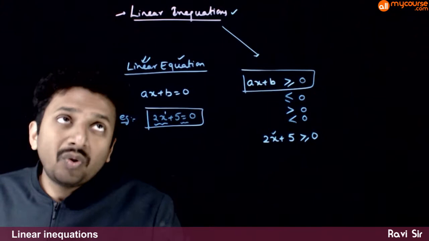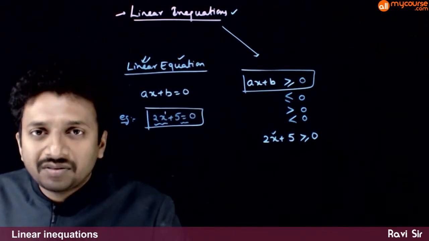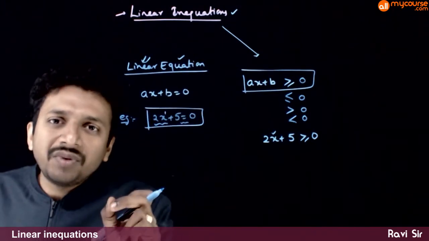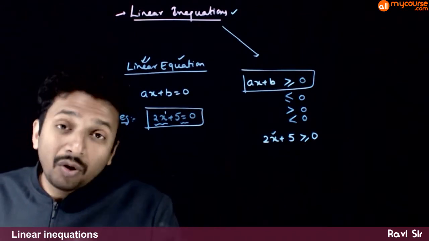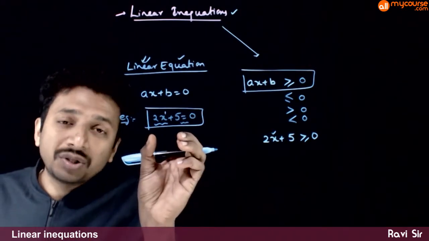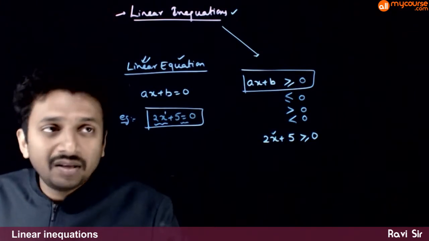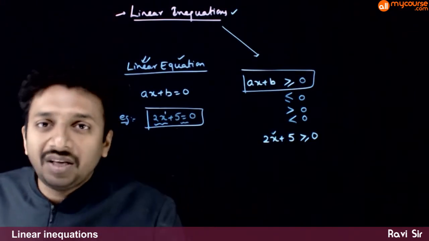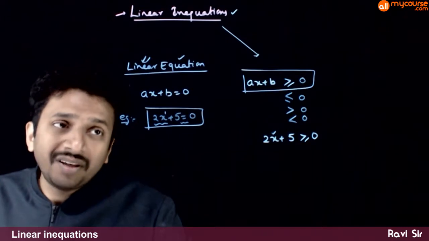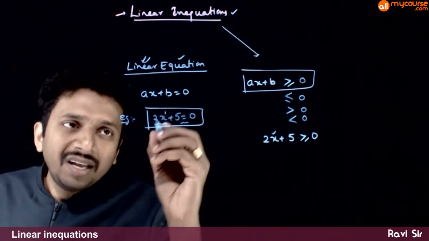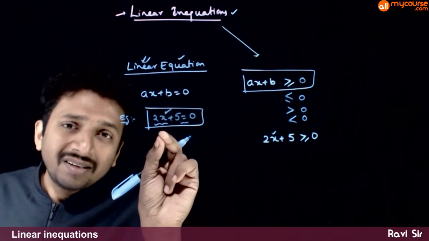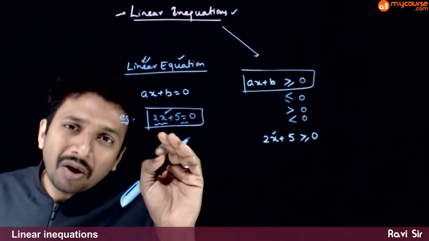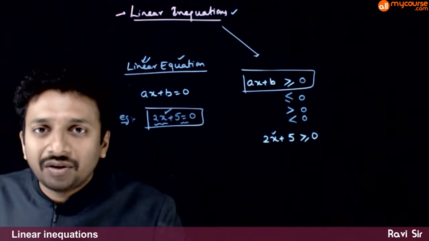Now, what are we going to study in linear inequations? We are just going to study how to solve linear inequations. In your lower classes, you have studied how to solve linear equations. For example, 2x plus 5 is equal to 0. How do we solve a linear equation? We try to bring the variable onto one side and send all the constants onto the other side of the equality.